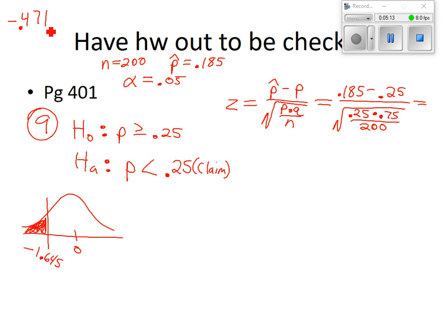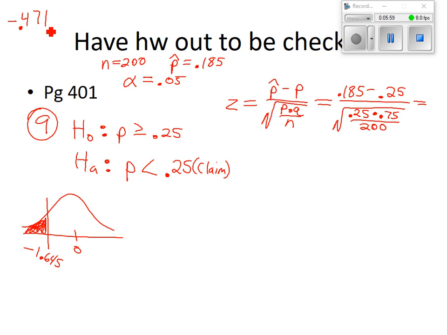Then I hope that one's right. Anybody else get that answer or something different? Everybody else too scared? What did he get? Negative 0.471.